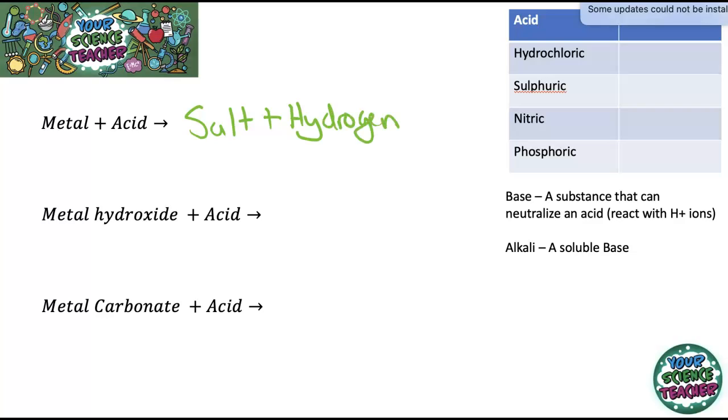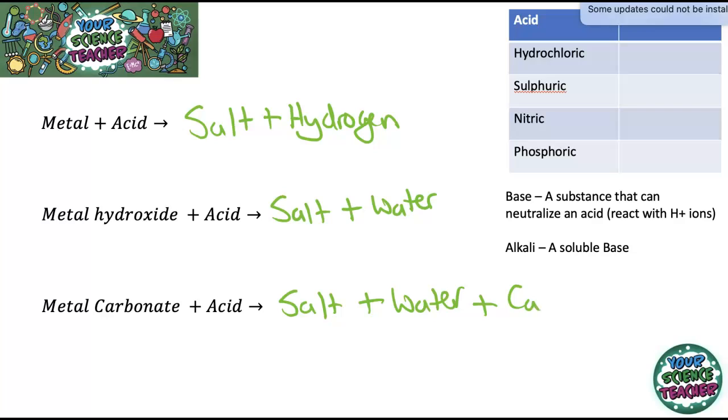When I have a metal hydroxide and an acid, I will make salt and water. And when I have a metal carbonate and an acid, I'll make salt, water, and carbon dioxide.